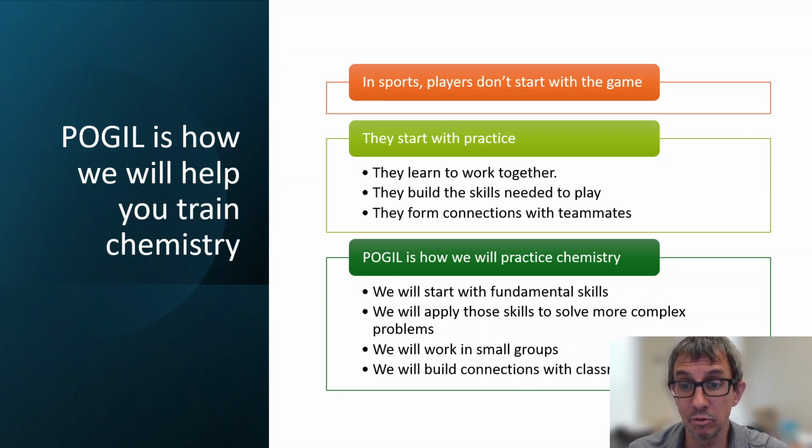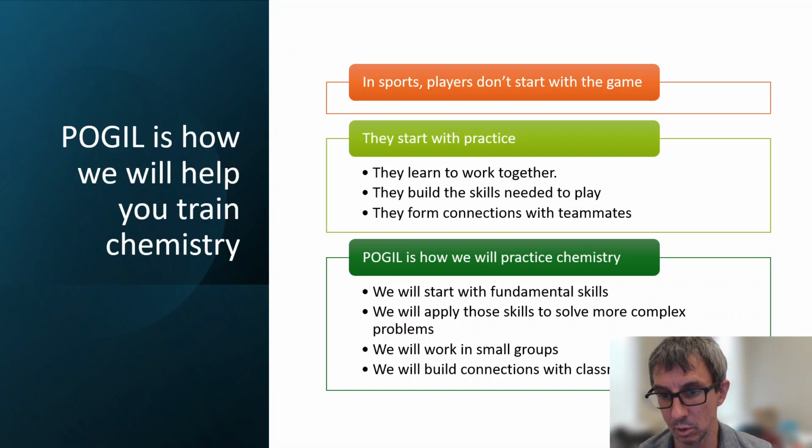We're going to start with some fundamental skills like dimensional analysis, using algebra, using Excel. These are some fundamental skills that will help you to be successful in this course. Then we're going to apply those skills to solve more complex problems like converting grams to moles or doing stoichiometry or even eventually finding limiting reagent and theoretical yield.